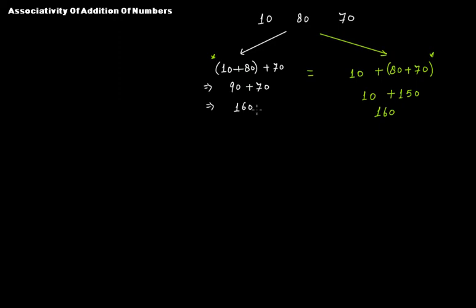Well, it's a simple way to tell what's the associative property of addition of numbers, but how to describe this using any rule or formula? Not formula, a rule.